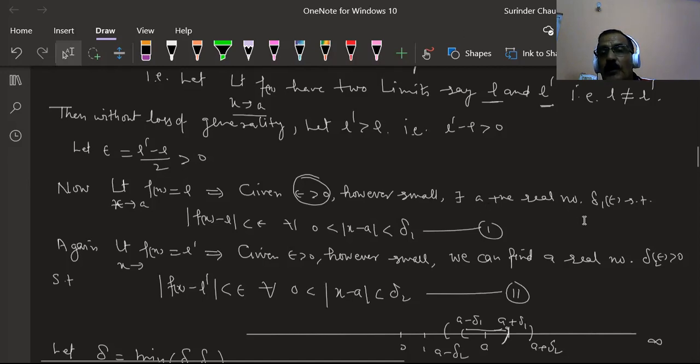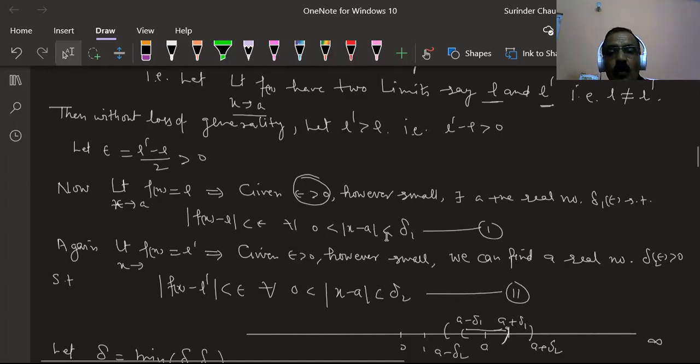There exists a positive real number delta 1 depending on epsilon, such that modulus of f(x) minus L is less than epsilon for all 0 less than modulus of x minus a less than delta 1.